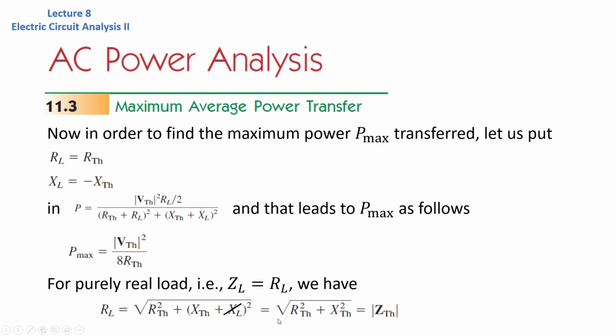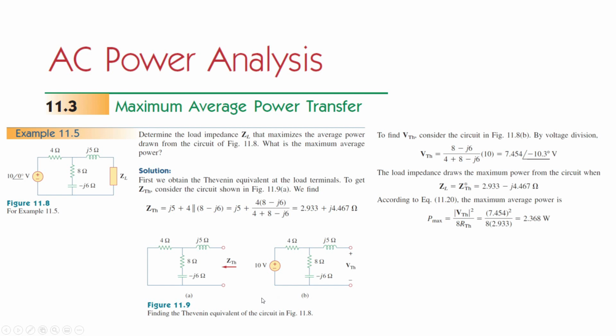So we will have this expression for the load, and that essentially means that the load resistance should be equal to the magnitude of the Thevenin equivalent impedance of the AC circuit, if we have a purely resistive load.